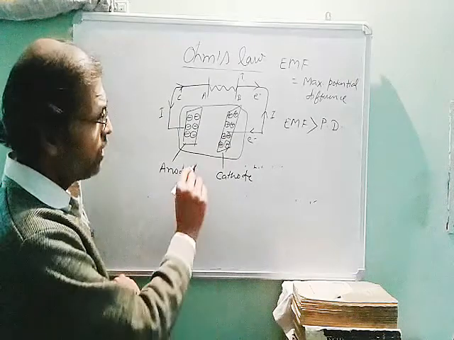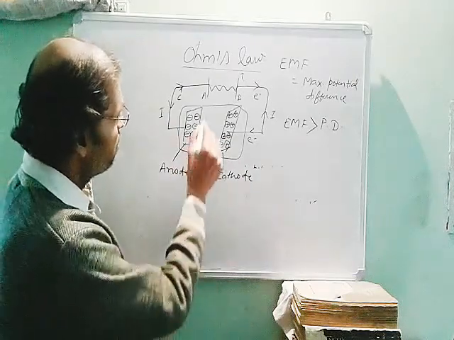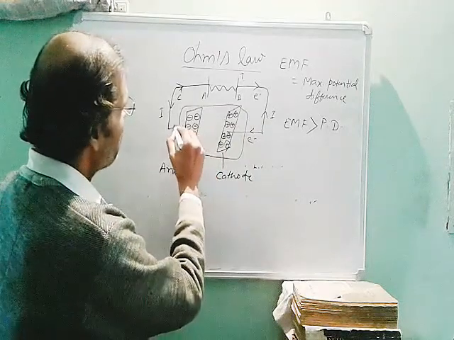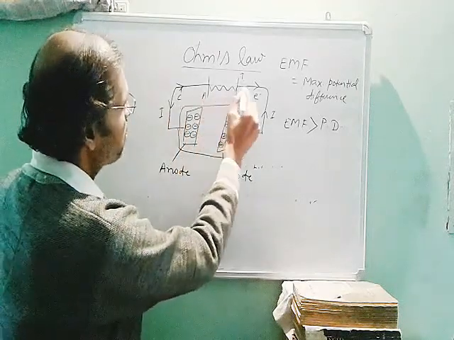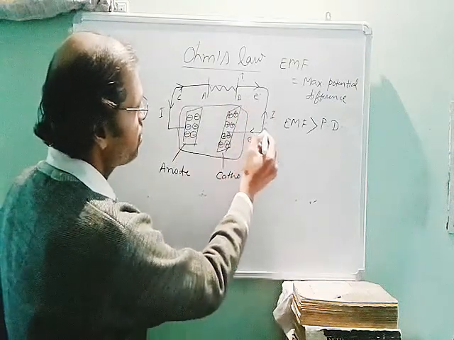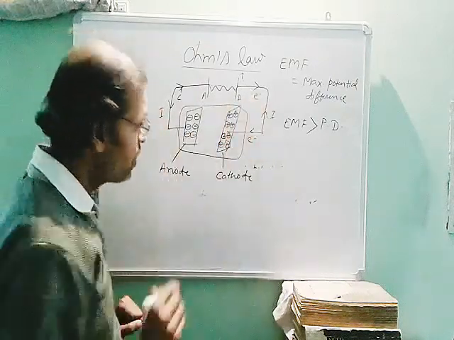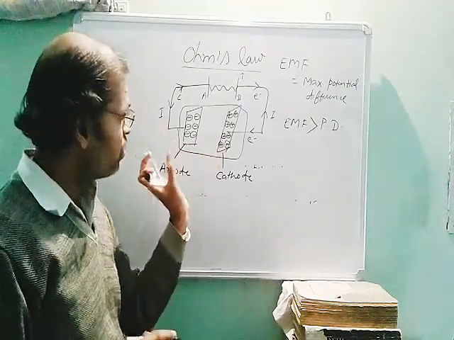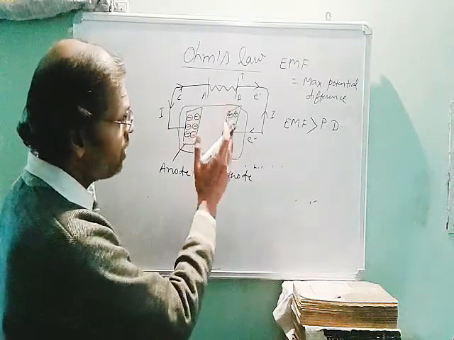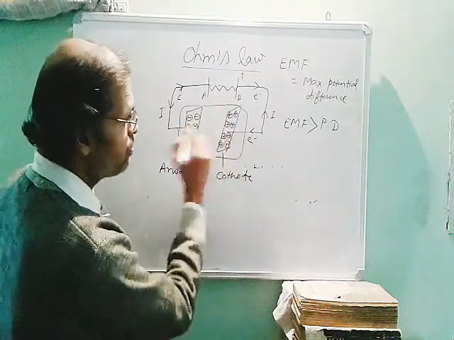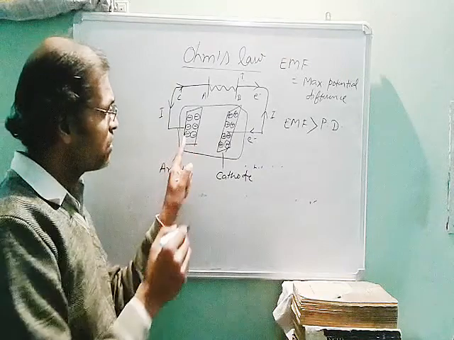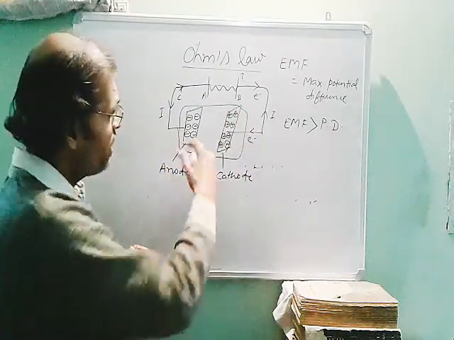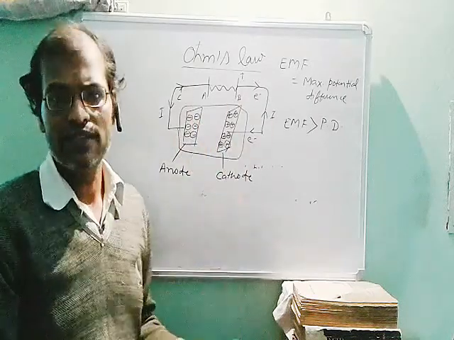Okay, as you just focused on this arrangement and saw that electrons flow through this path and current flows through this path. If suppose less positive charge is at this plate, less negative charge is there at this plate, then the force with which the electrons will be pulled will be less.